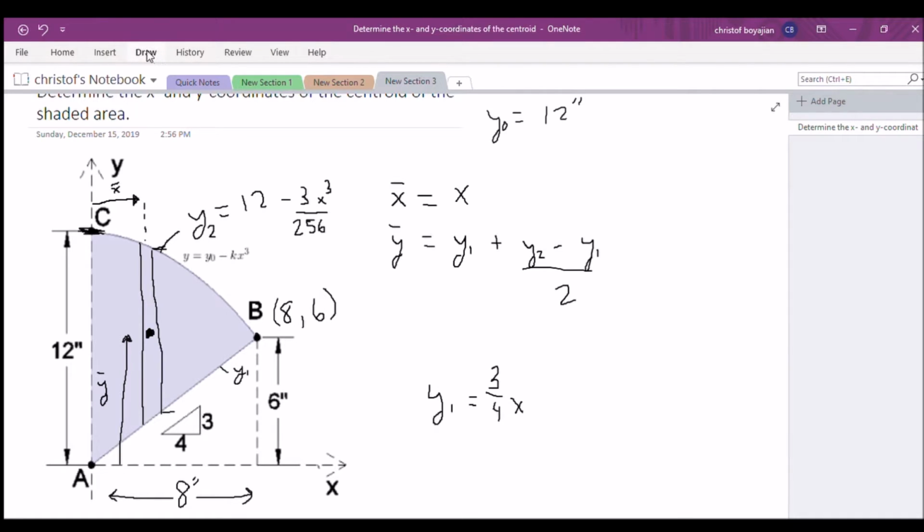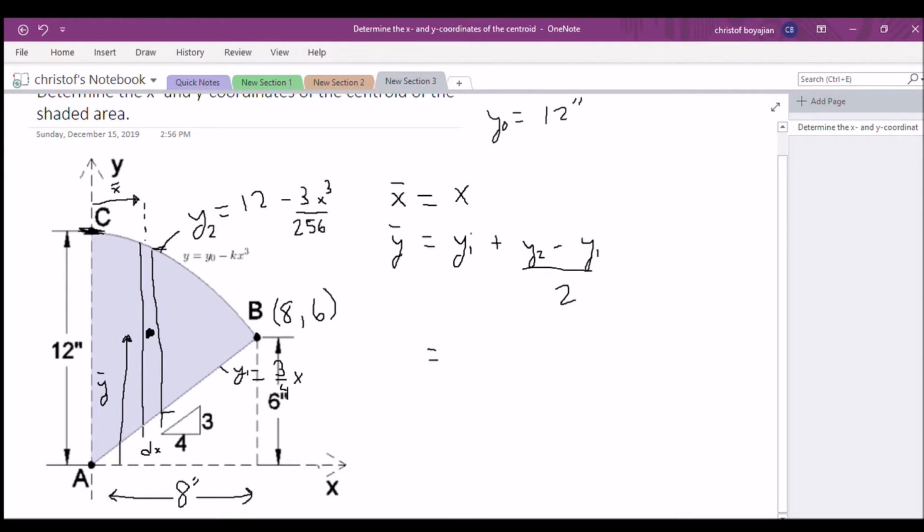Okay. Now, I'm going to rewrite our y1 equation right over here, because I'm going to go ahead and erase this one down here. We can simplify this. And I'm going to put this in terms of x, because we made our cross sections in terms of x, right? So let's replace what we have known here with our variables of x.